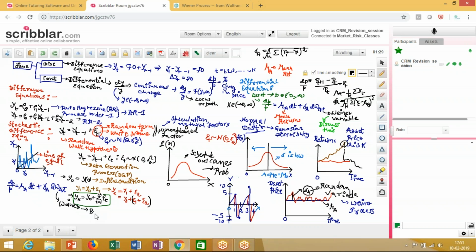So, what is Brownian motion? Brownian motion is a very classic concept which was identified by Newton, right? Or Einstein, I don't remember. So, I think it was Newton.